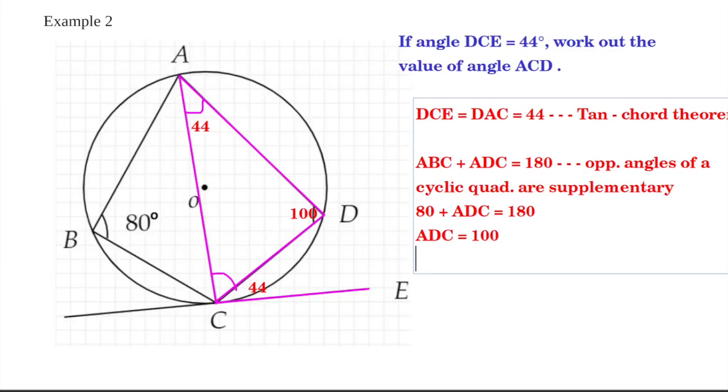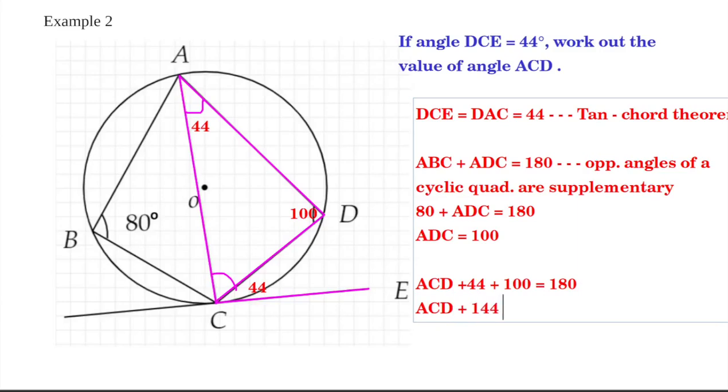Now you have this angle, you are looking for that. Let's just use the sum of angles in a triangle. So ACD plus the 44 degrees plus the 100 degrees should give us 180. Now this is ACD plus 44 plus 100, that's 144, and this is giving me 180.